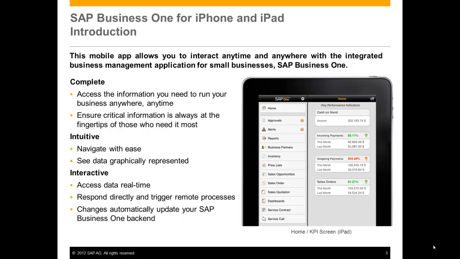Now, the great thing about the application is that it's complete, intuitive, and interactive. So what do I mean by that? Well, it's complete because it's giving you the ability to access the information you need to run your business anywhere, anytime, and it ensures that critical information is always available to those people who need it most. If you like, it's available at their fingertips.